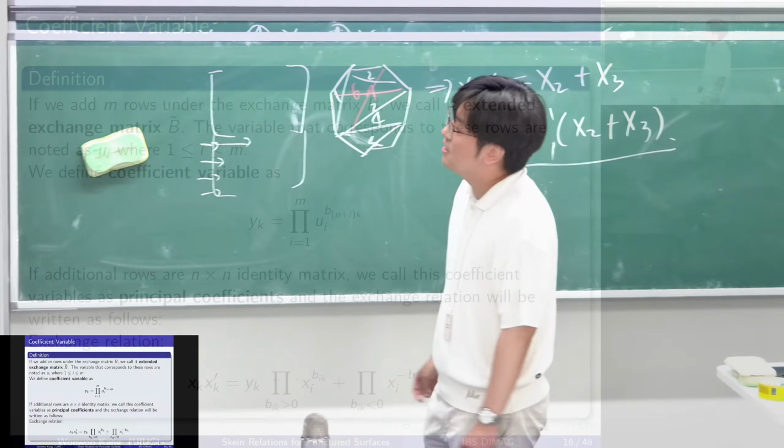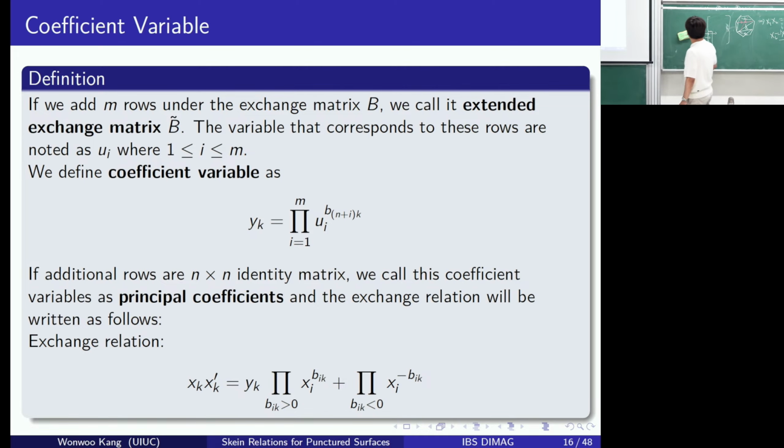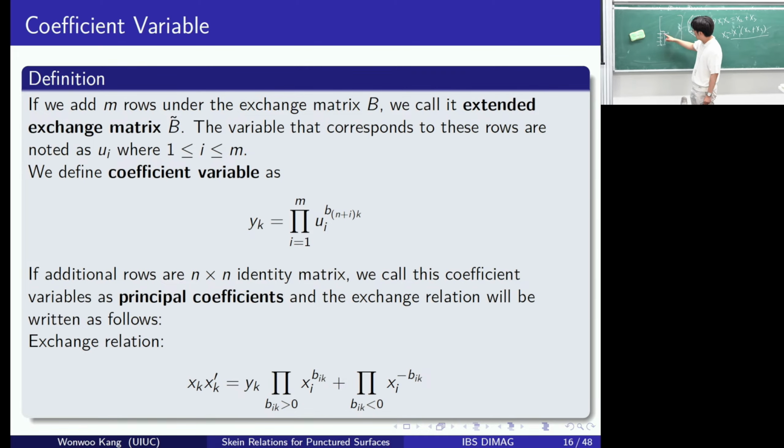mathematicians define the coefficient variable as the multiplication of the variables that you assign in each column. And the principal coefficient is the coefficient that you get when this is the identity, which is kind of an easy one, right? Because it's all going to be 1, and yk is just going to be u to the k.